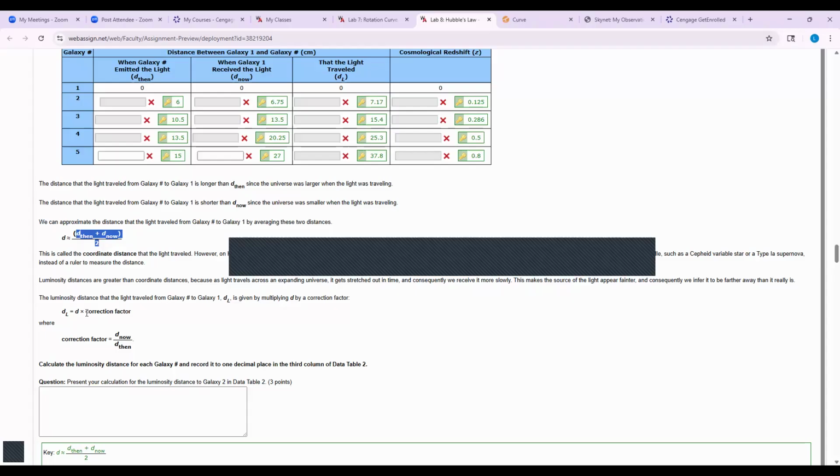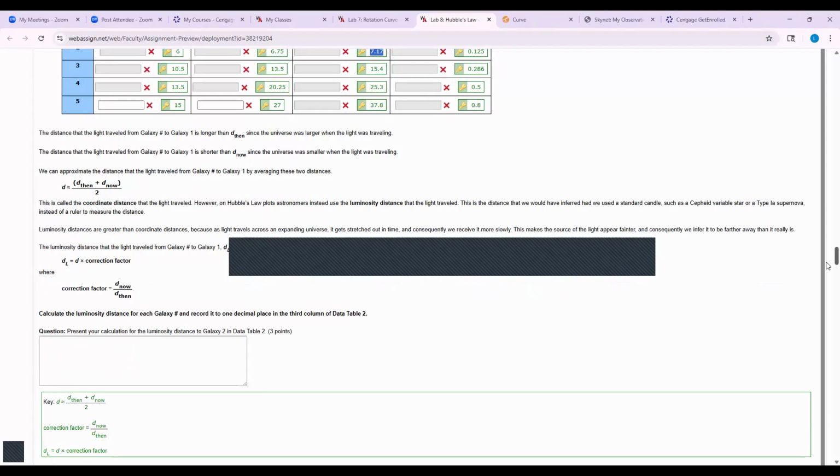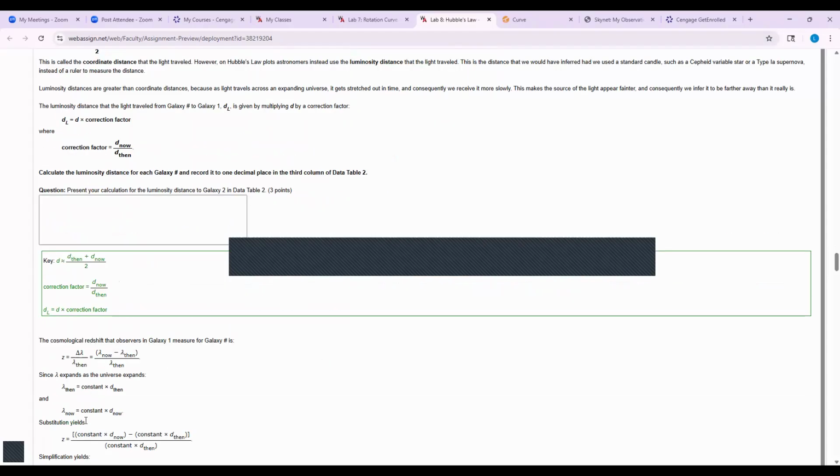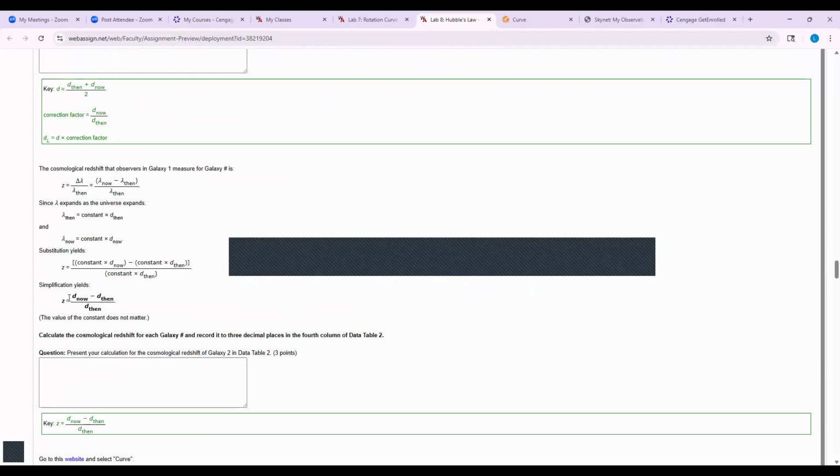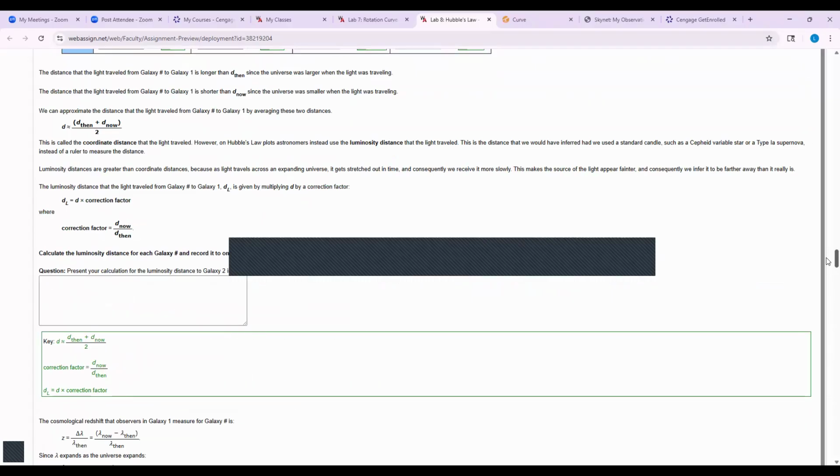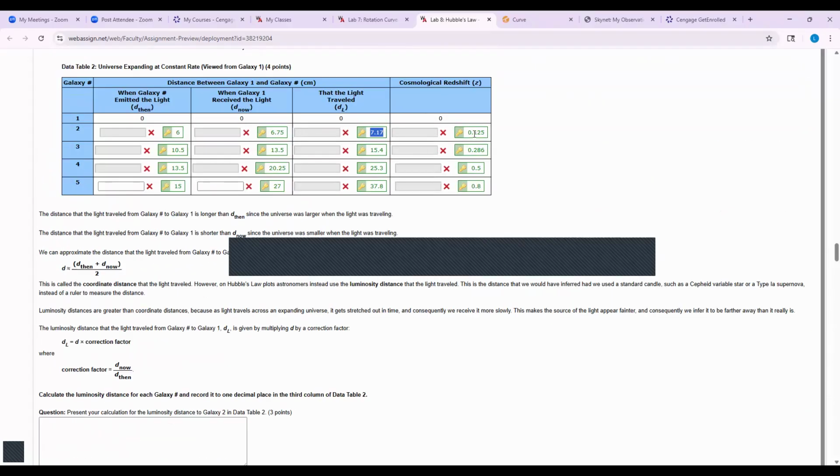Then times the 1.1 that you calculated, and you're going to get this value. And when you get this value, you're going to see the formulas. You're going to get the z values based on this formula: d now minus d then, divided by d then. And you're going to see numbers 0.12, 0.28, 0.5, and 0.8.